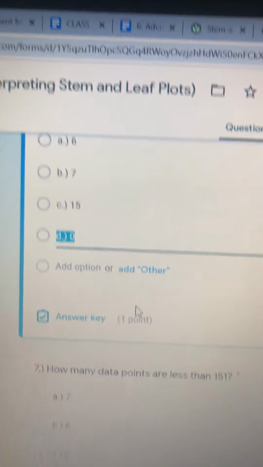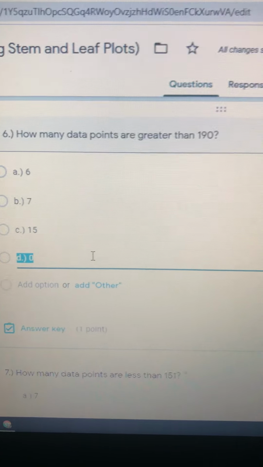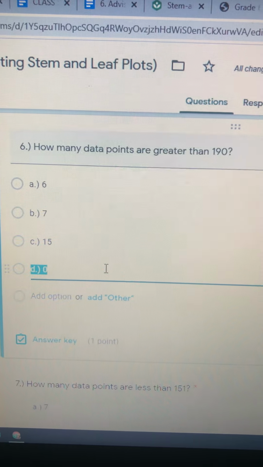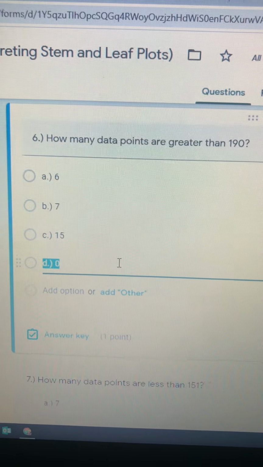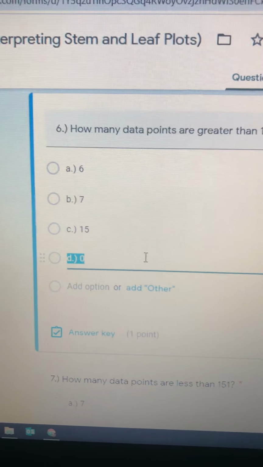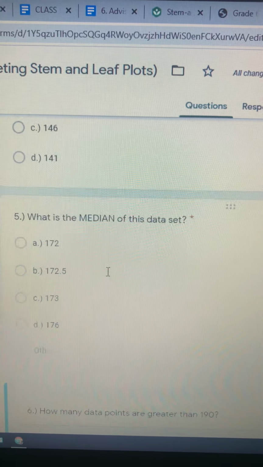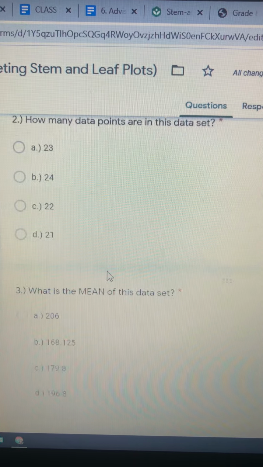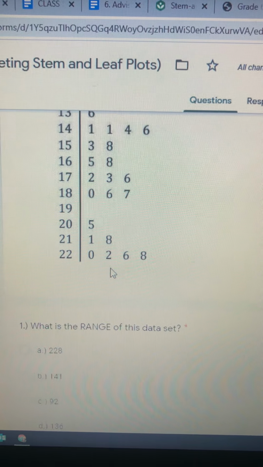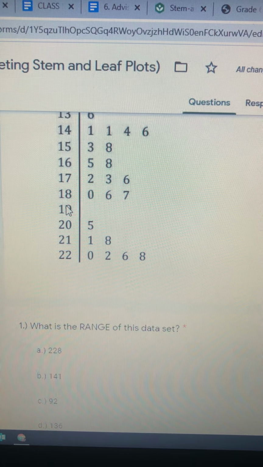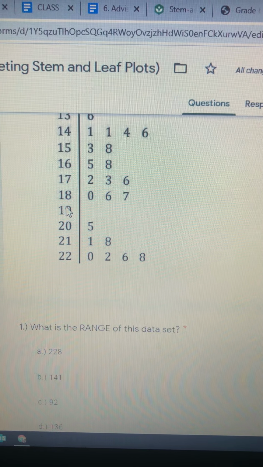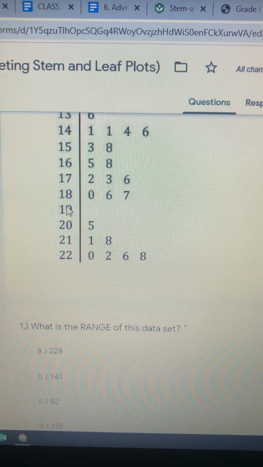This question says, number 6, how many data points are greater than 190? So when we look at this data again, we're just looking at 190, and so how many data points are greater?